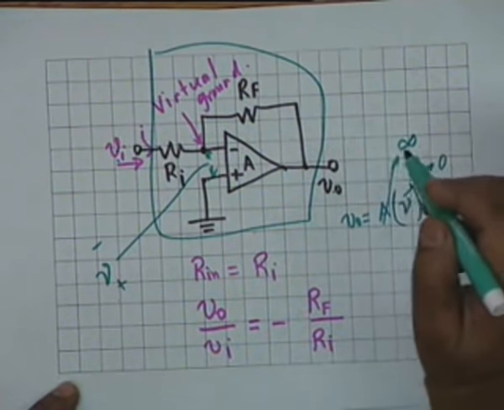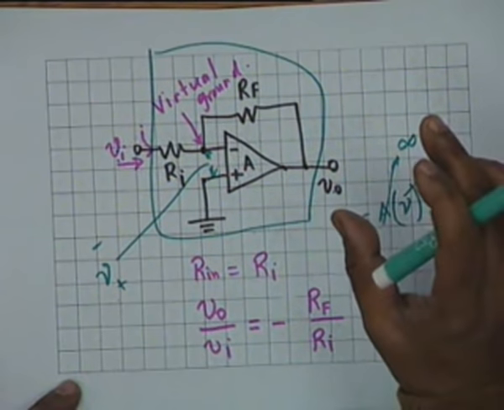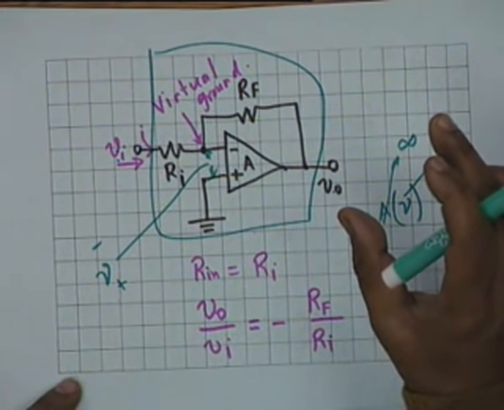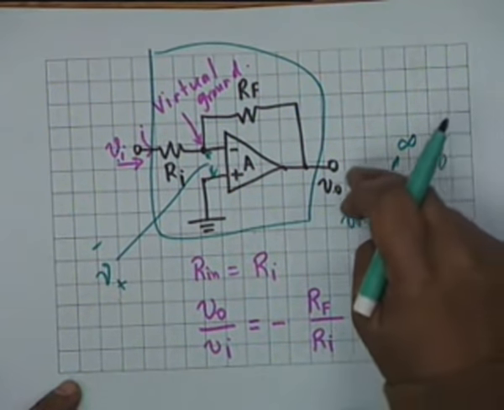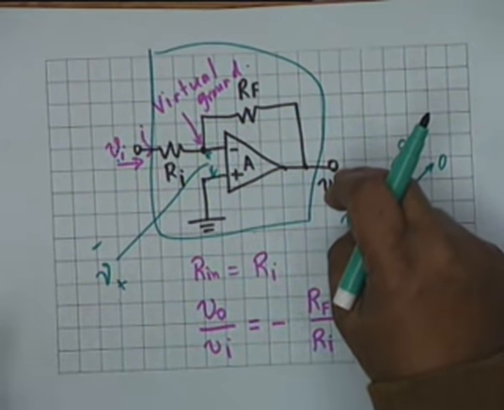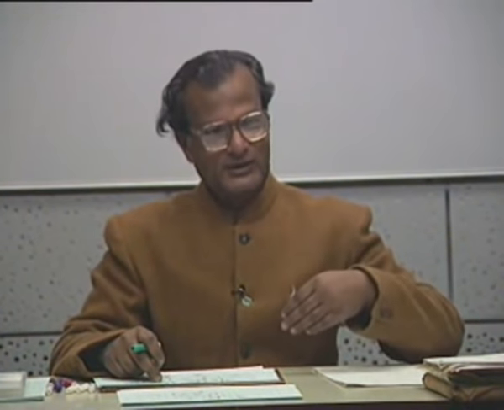But as I said, V0 in a practical op amp cannot go to infinity. It is limited by the power supply. So if the power supply is plus minus 12 volt, V0 will saturate. It wants to go beyond 12 volts, plus or minus 12, so it cannot go. It saturates at either plus 12 or minus 12.